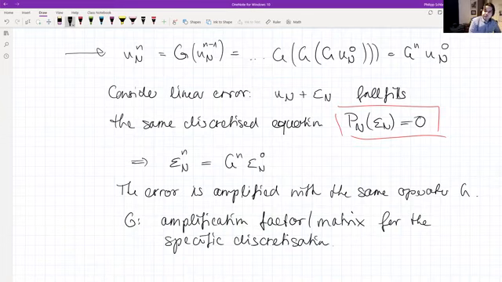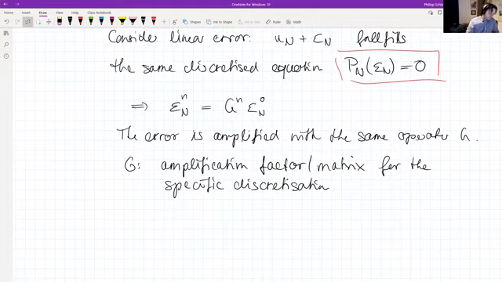So this G is a very important factor for a numerical scheme, because it really tells you how I go from one time level to the next time level. And in a matrix formulation, I can represent explicit and implicit schemes in exactly the same way.